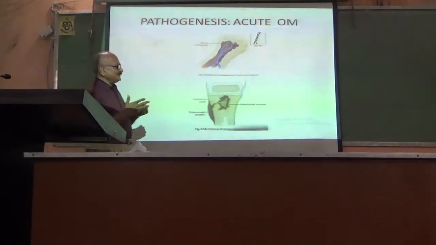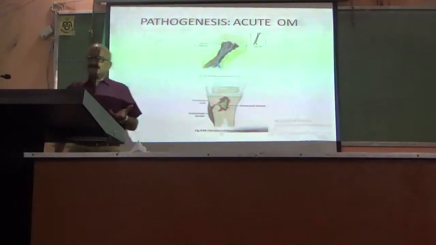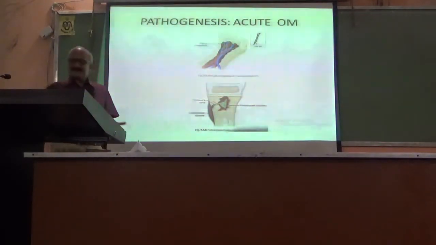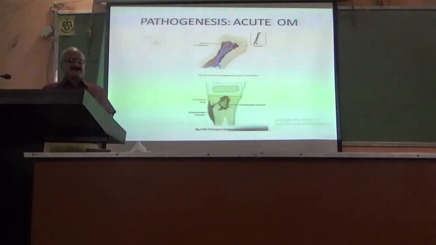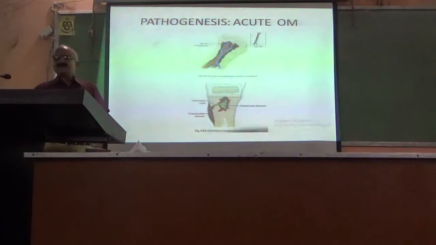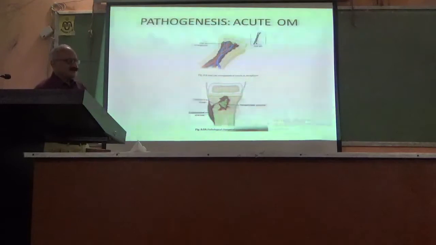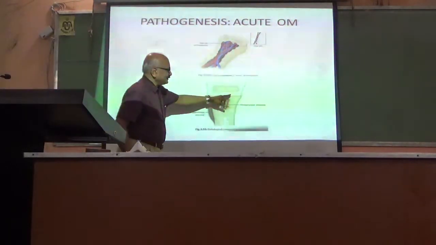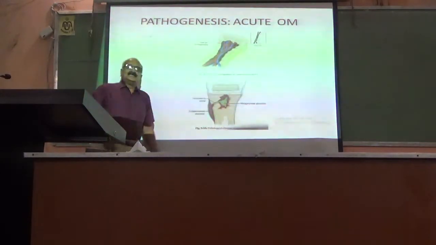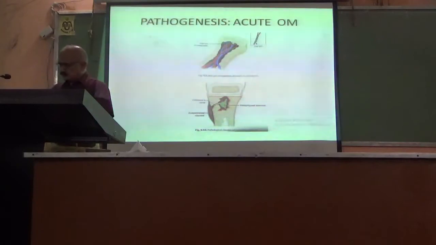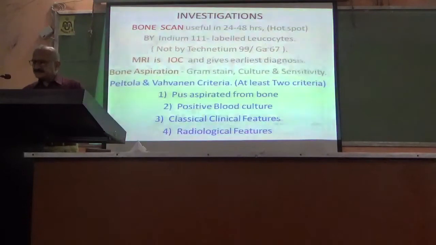So in children, the growth plate is a good barrier to infection, but even then the pus can go on to the joint and set the process of septic arthritis. But in adults, there can be direct extension of the infective process within the joint, and a chronic septic arthritis can set in.